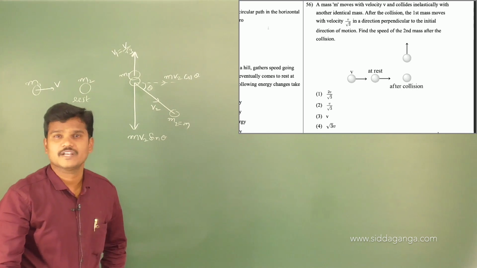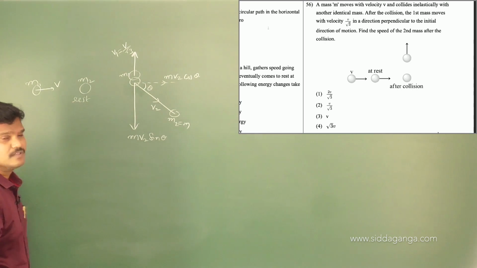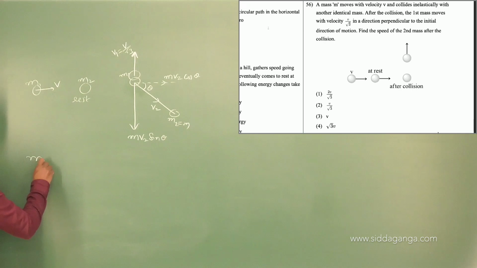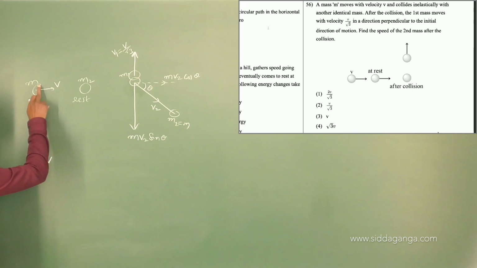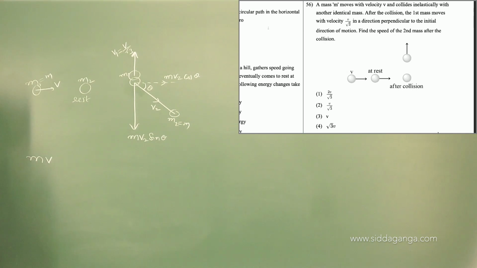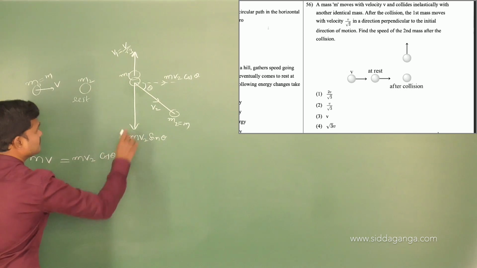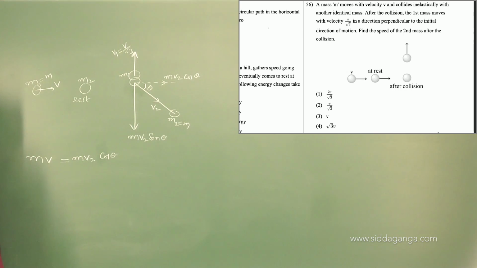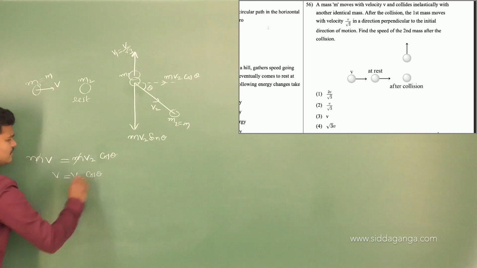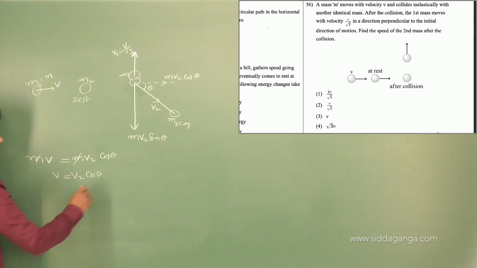Before the collision, the component along the x-axis is m1v, nothing but mv. The other is anyhow 0. After the collision, mv2 cos theta. So mass gets cancelled. V is equal to v2 cos theta. Keep this as equation number 1.